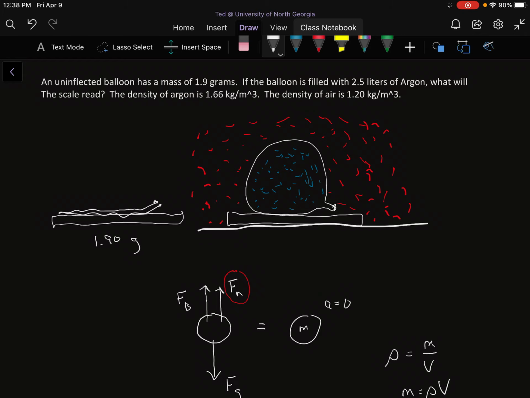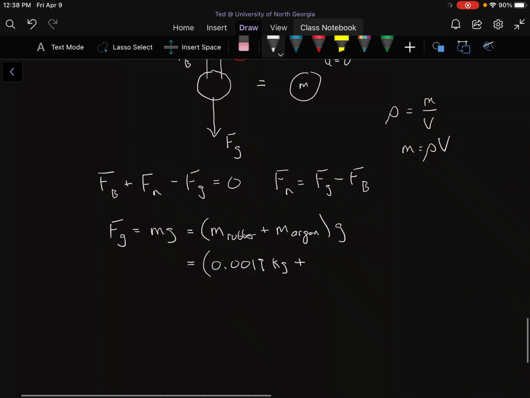So that is 0.0025 meters cubed. So that gives us a mass of 0.00415 kilograms times 9.81. Notice that the argon actually weighs more than the rubber balloon itself.